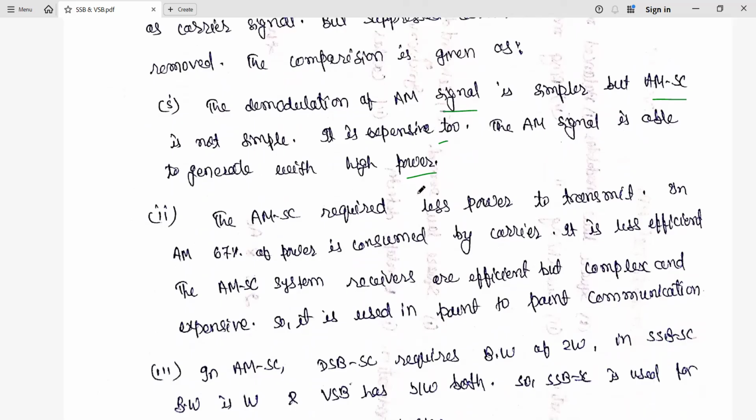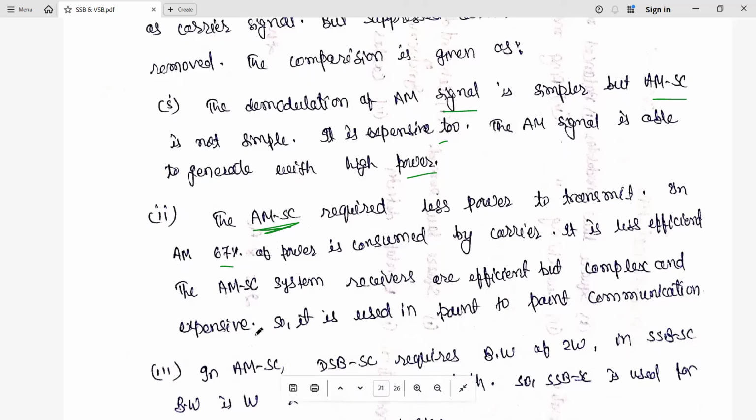Here in the case of linear modulation with suppressed carrier, like DSB-SC or SSB-SC, less power is transmitted since the carrier is suppressed. In AM, 67% of the power is consumed by the carrier, so that carrier is suppressed in the suppressed carrier types.